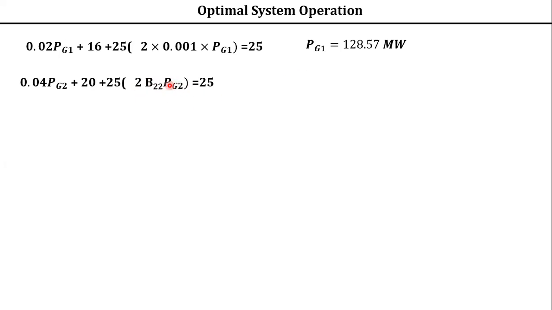Therefore, B22 is 0, so this entire term is 0. So it is equal to 25. 25 minus 20 is 5. Therefore, Pg2 is equal to 5 divided by 0.04, that is 125 megawatt.